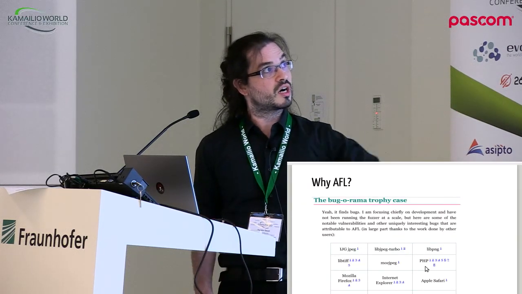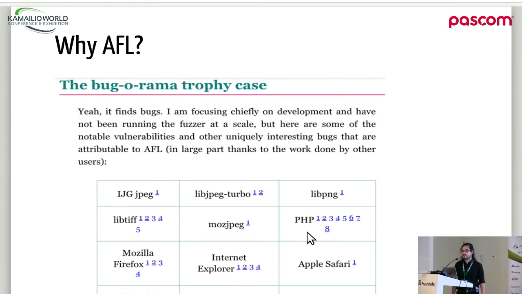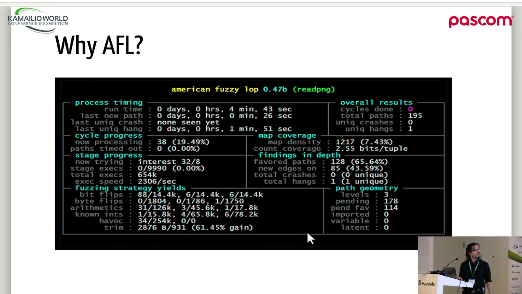If you check out its trophy website, you have to scroll a lot to see all the software packages in which they found security issues using this fuzzer. So it's been a very successful one. And it has a nice retro-looking screen, so what's not to love?